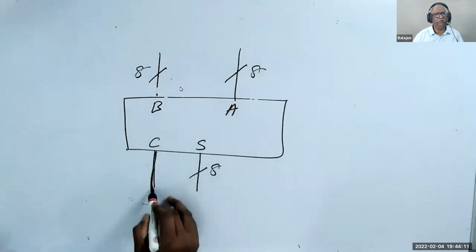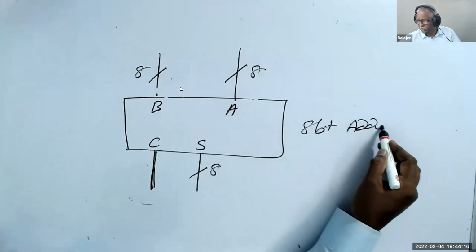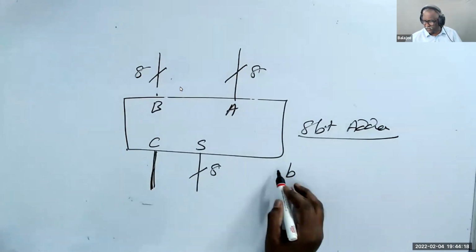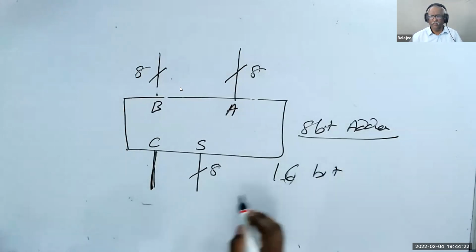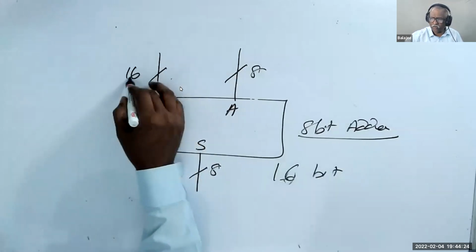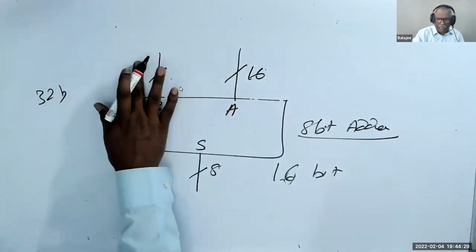Carry will be only 1. This is called an 8-bit adder. If you go for a 16-bit microprocessor, then this will be 16. If you go for a 32-bit microprocessor, this will be 32.